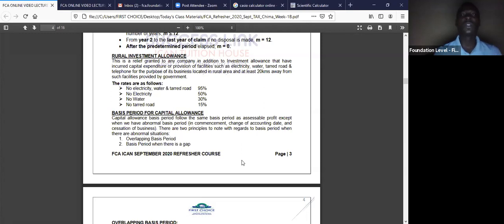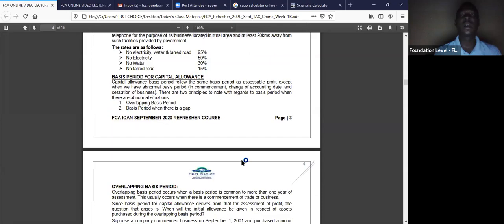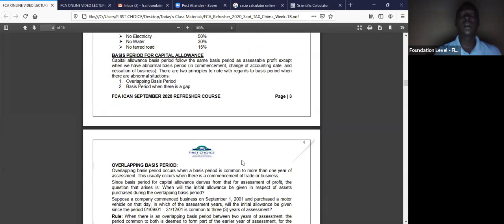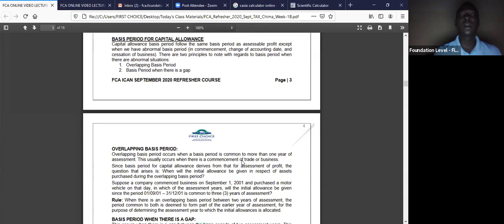So these are the rates of annual allowances that you are given. Then we talked about the basis period for capital allowance. We said before it's the same basis period for profit, but we have to smoothen out the overlapping and the gaps. Okay, we've talked about capital allowance.